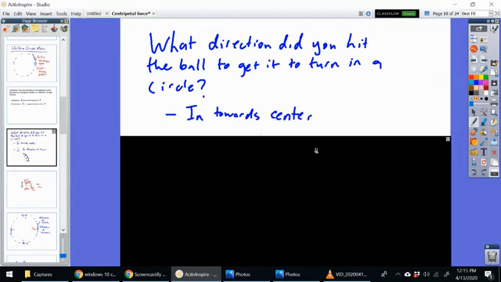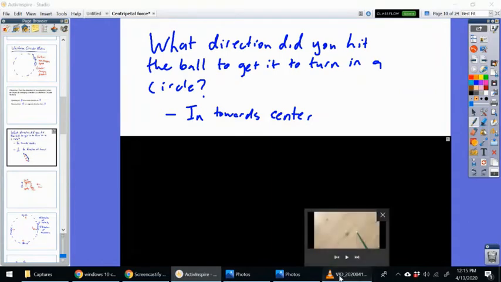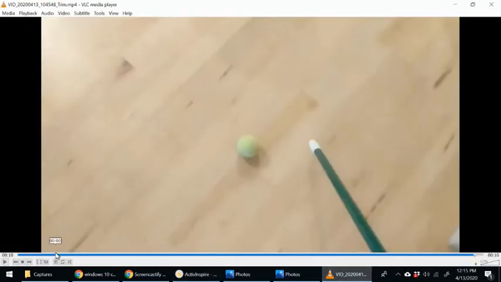With the ball example, I want to show you another idea about the direction of the acceleration. Let's go back to right here and imagine what direction is the force that I applied to cause it to turn in a circle.